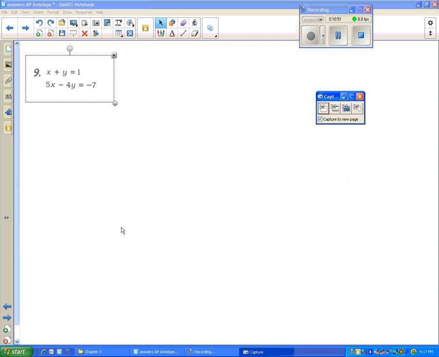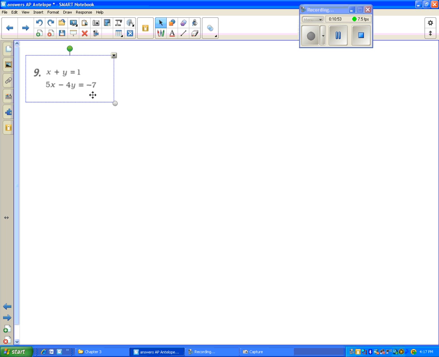Now in question number 9, I actually have a couple of options. My top equation, again, is set up for linear combination or substitution. And if I wanted to do it by linear combination or elimination, I could solve it that way. But since we're learning substitution, we're going to do substitution.